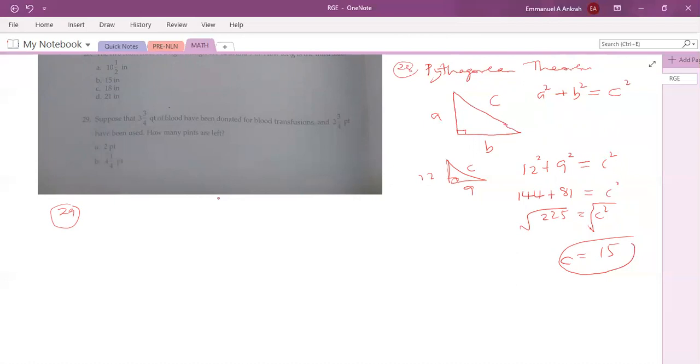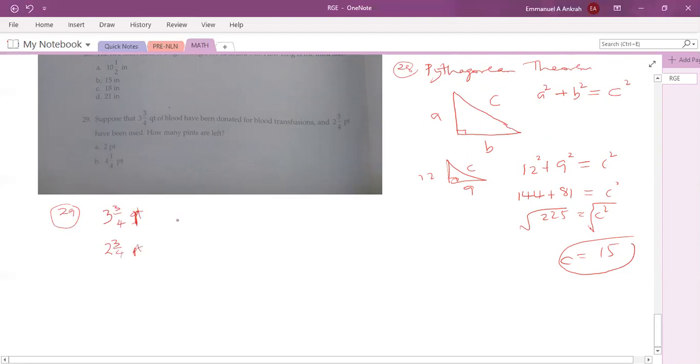How many pints are left? So what you have is 3/4 quarts, but the amount used is 2/3 pints.